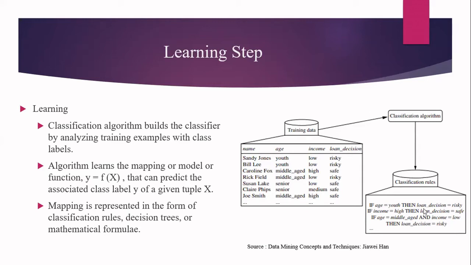So the decision is risky. And if you see the second condition, if income is equal to high, then loan decision is equal to safe. That means if I am earning a lot, definitely I'll be paying my installments. So the output is safe. In both these rules, only one parameter is checked, and immediately you come to the conclusion, either risky or safe.